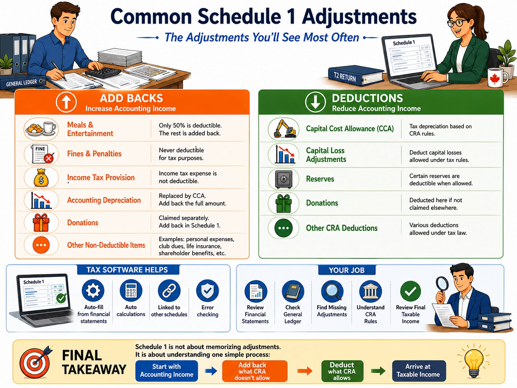The most important lesson to remember is that Schedule 1 is not about memorizing dozens of adjustments. It's about understanding one simple process. Start with the accounting income. Add back the expenses that the CRA does not allow. Deduct the amounts that the CRA does allow. The final result is the corporation's taxable income.